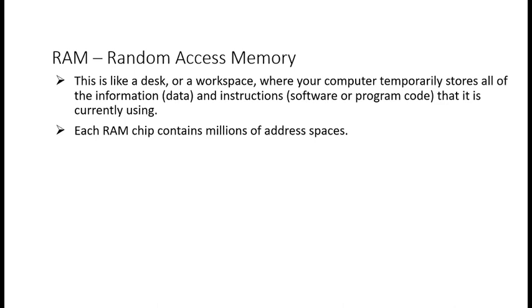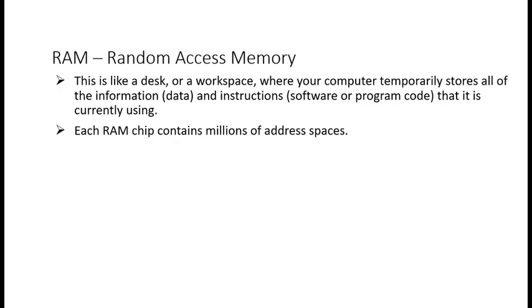Each RAM chip contains millions of address spaces. When we increase the RAM size, we get a much faster machine, and many applications can be executed at the same time.